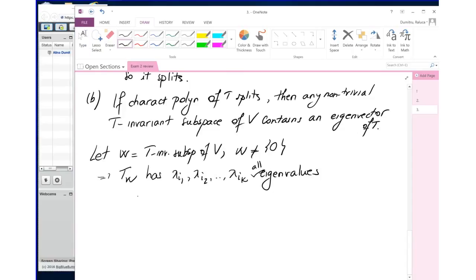Has to be at least one. I'm going to take the first one. What happens, well, if that's an eigenvalue, it must have an eigenvector, right? Let's call it v. Now, where should v, the eigenvector, be?